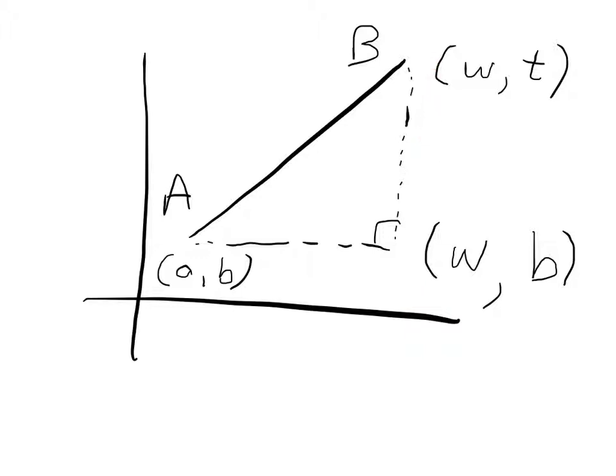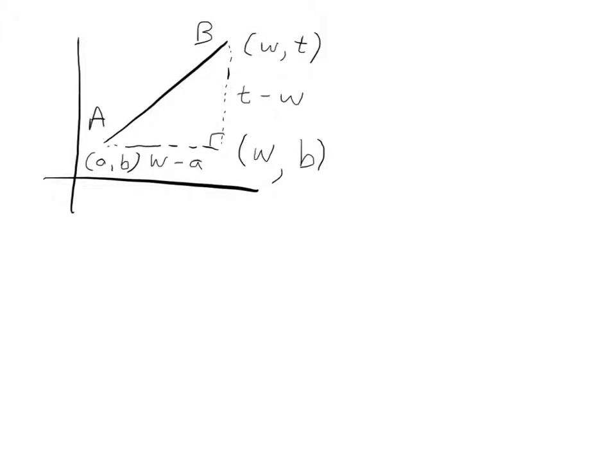If we go all the way up here to B, that distance is T, and if we go up here to this point, that vertical distance is W. So if I want what's here, that's going to be T minus W. By a similar method, down here with this horizontal segment, I'm going to go all the way over here out to W, and I'm going to go to here out to A. So if I'm looking for the length of all the way out to W, take away out to A, I've got W minus A.